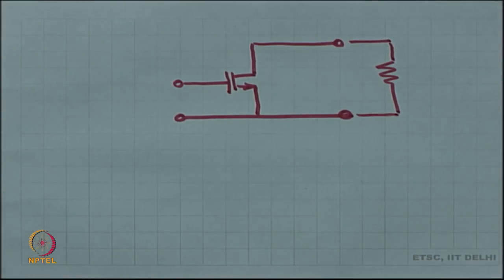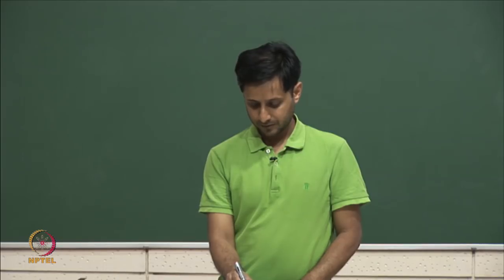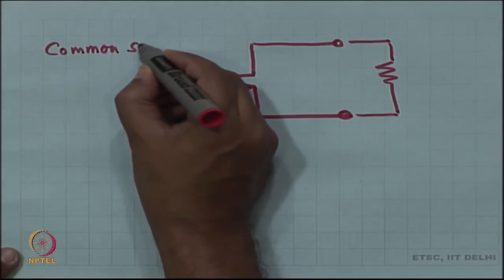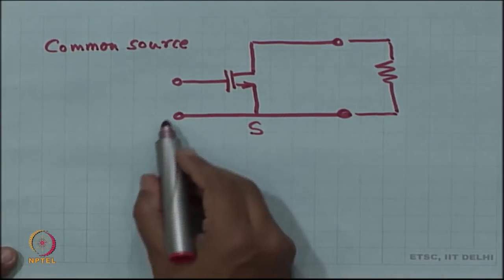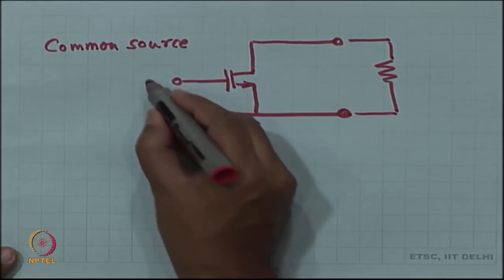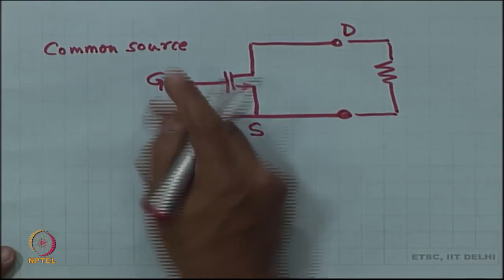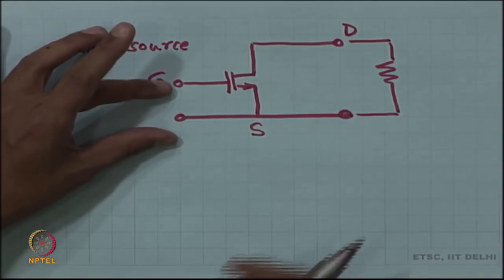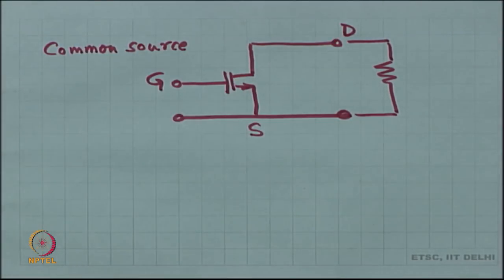Remember, this is how the small signal picture looked like for the common source. The source is common to the input port as well as the output port. This is the input port, this is a 2 port network. The input port is between gate and source, the output port is between drain and source.